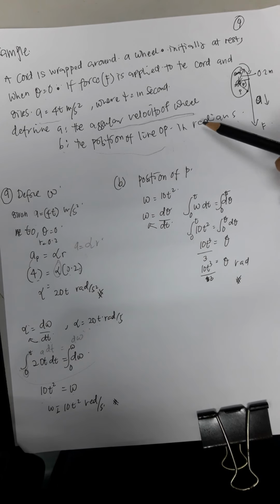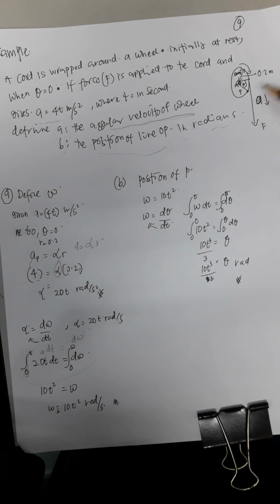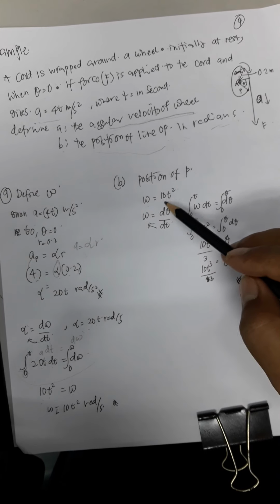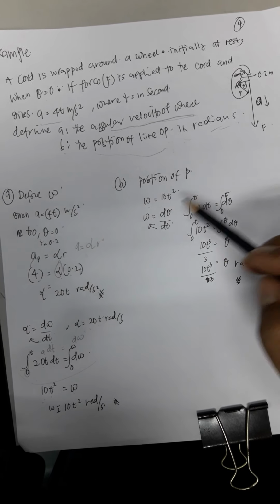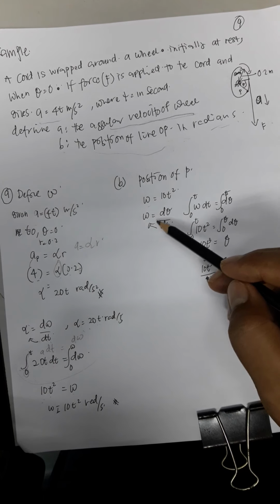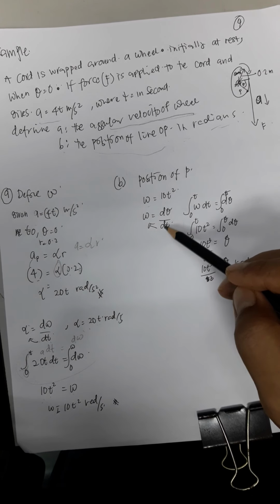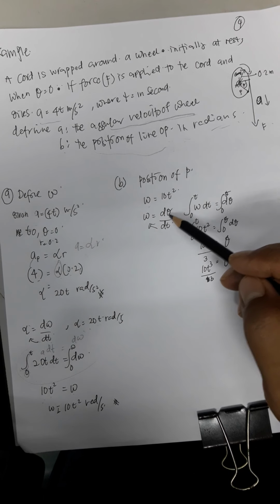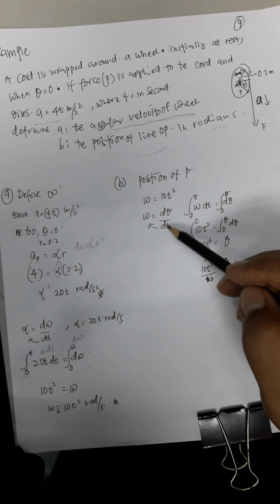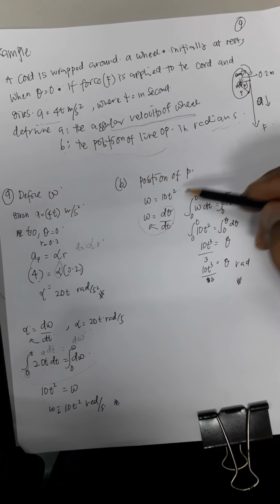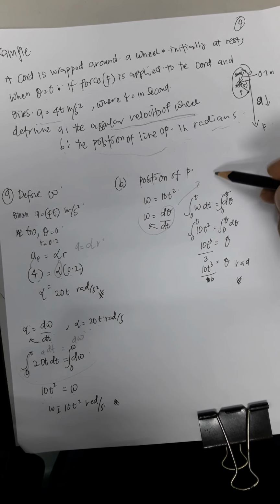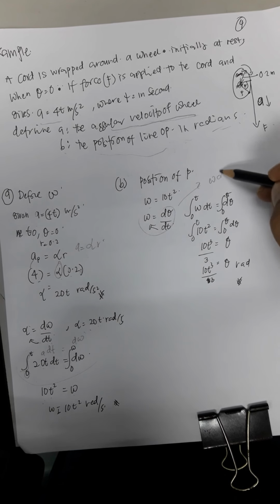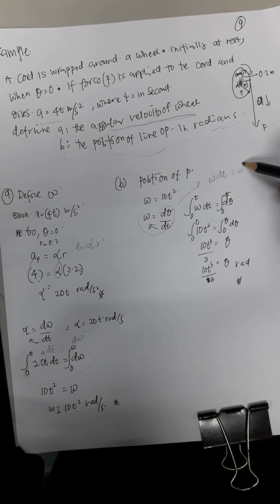The second one is the position of line OP in radians. We know that omega equals 10 t square, and we also know that omega equals d theta over dt, which is the differentiation of angle with respect to time. Modifying this equation, we get omega dt equal to d theta.